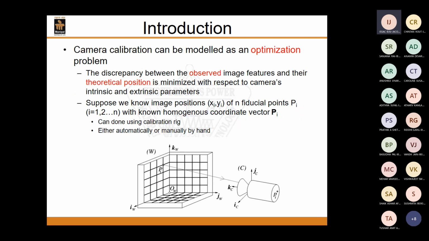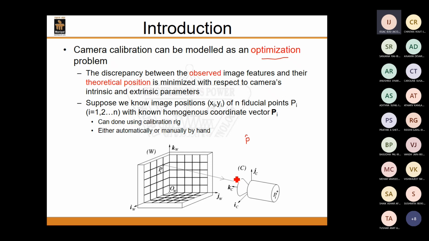Now, although theoretically it sounds fine, practically when you have a look at that, finding the exact estimate of the camera parameters is nothing but an optimization problem. So what we do is we first try to find an estimate of the capital P, and then we project it back to the image.